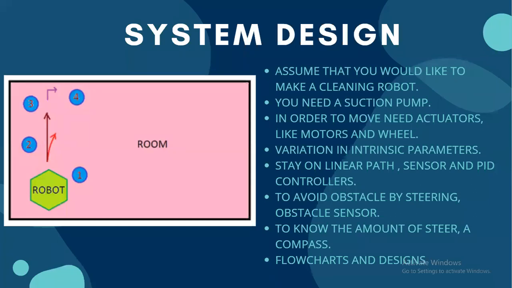Now, one more thing: if you have made your robot move along a straight line and there are obstacles, your robot might hit them. So for obstacle detection you have a range of sensors: ultrasound, infrared, lidar, radar, computer vision, right? Camera.